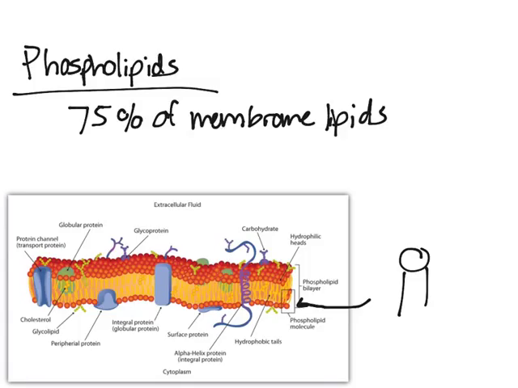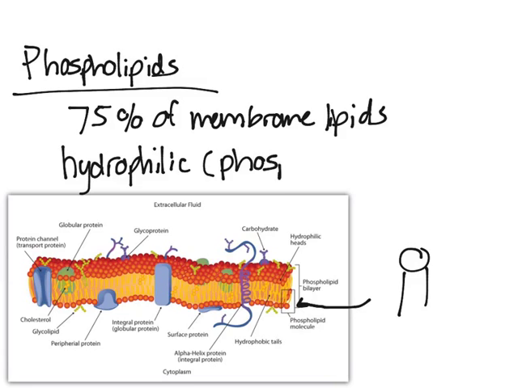And so they have a hydrophilic head, phosphate head. The heads are made of phosphate. And they are always on the outside. And so it's a bilayer, as you can see down here.